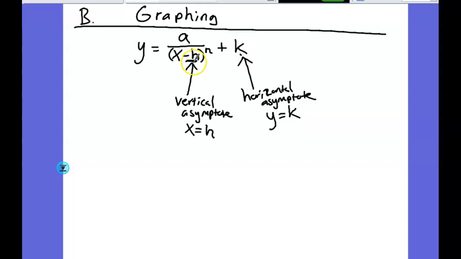So since this shifts us right, that tells us our vertical asymptote. Since this shifts us up, that will tell us our horizontal asymptote. Okay? And these two things put together, the h and the k, those two things put together, they tell you the shape. Is it like this?